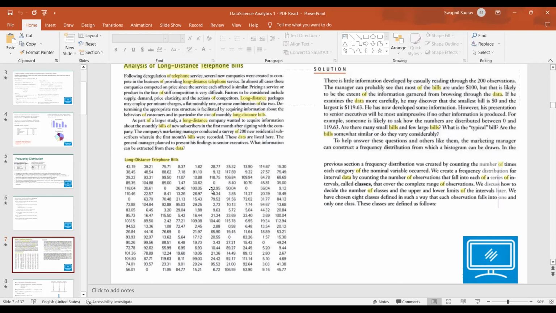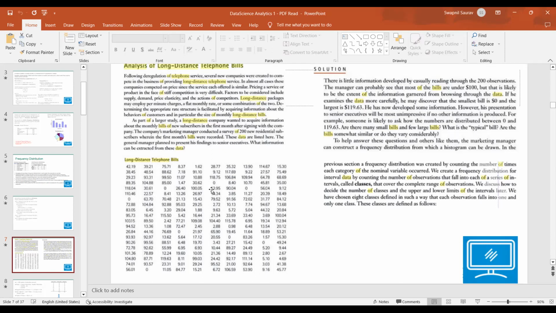Now, of course, it is difficult to analyze 200 numbers, isn't it? Even if you put it in increasing or decreasing order, it might be difficult because it's not possible to look at 200 things and then make some analysis.